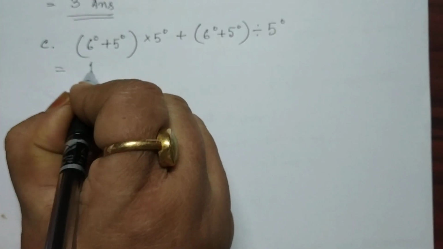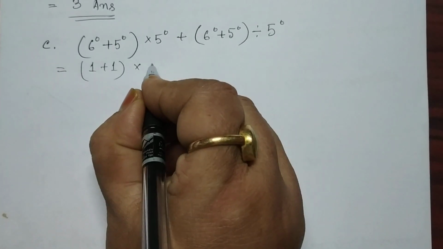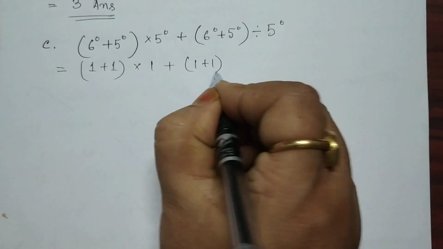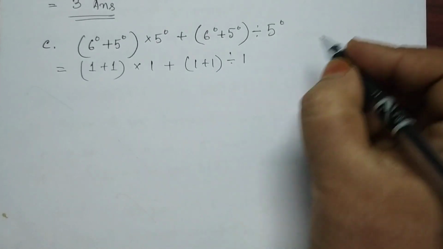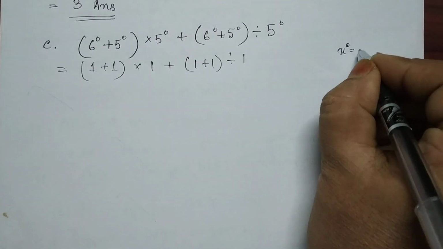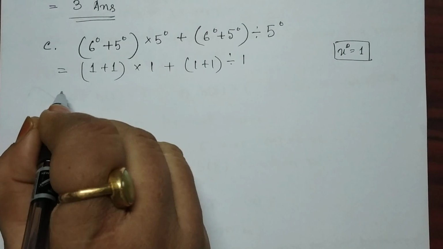6^0 means 1, plus 1. This one means (1+1) into 1 plus (1+1) divided by 1, because we know that anything to the power 0 means 1. We use this property.